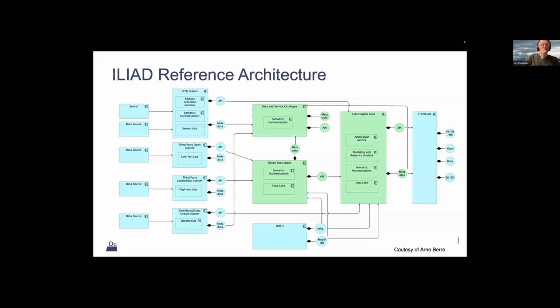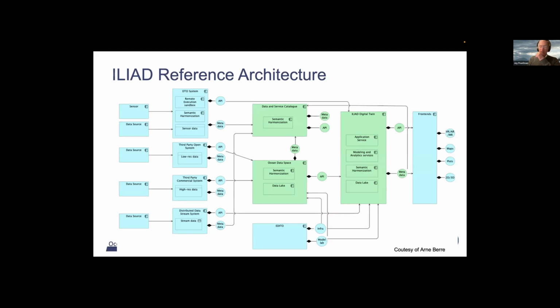Right now, the eDitto is focused primarily on EMODNet and the Copernicus Marine as sources. These are sources that are pre-digested, if we want to call it that. In Iliad, because we're looking at a number of very different digital twins, we're looking at different types of data coming in. That goes into a data service catalog, and you'll see continually comments on semantic harmonization and data lakes, which is embedded throughout the system. And then we have the digital twin, which consists of various application services and modeling.